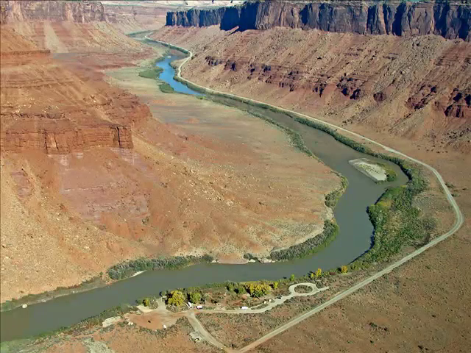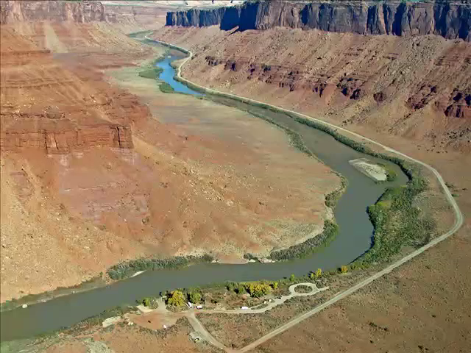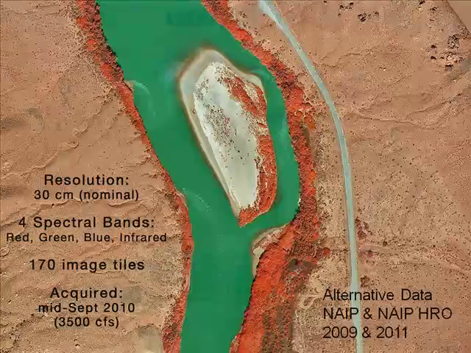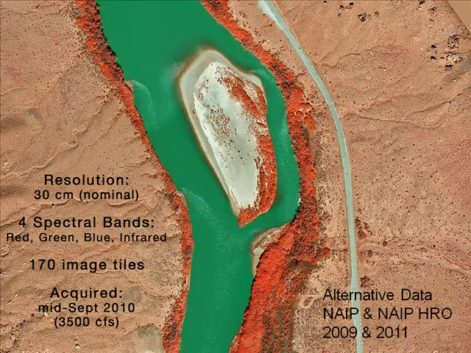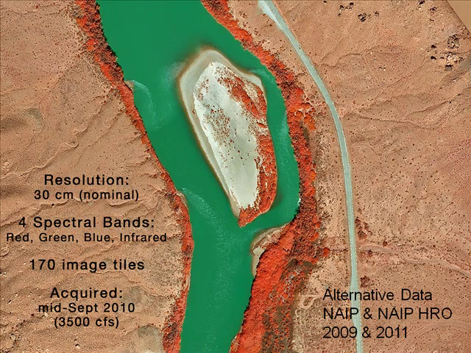If you look at this little island right here, that's the same island. And this is an example of the kind of imagery that we're using. It's 30 centimeter resolution. Actually, maybe it's more like half a meter, but it's still fairly good.